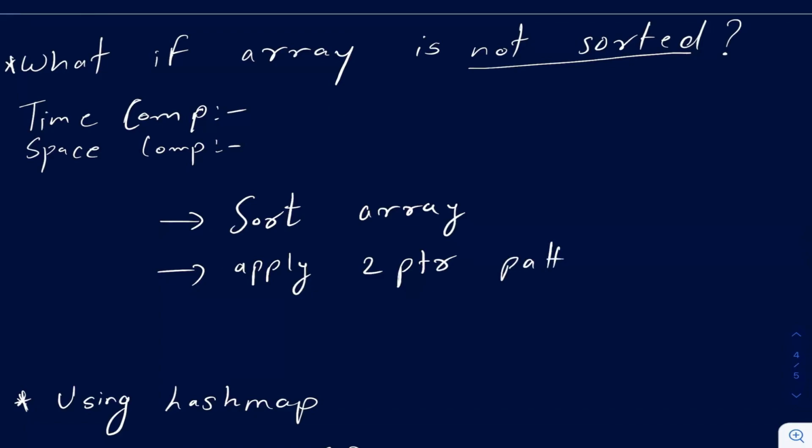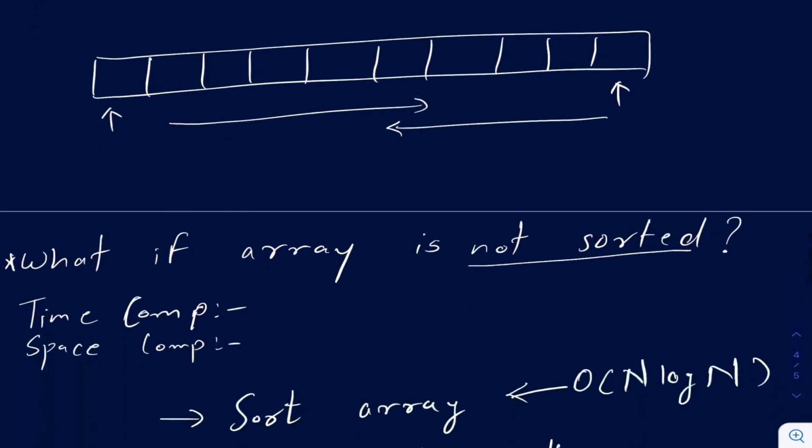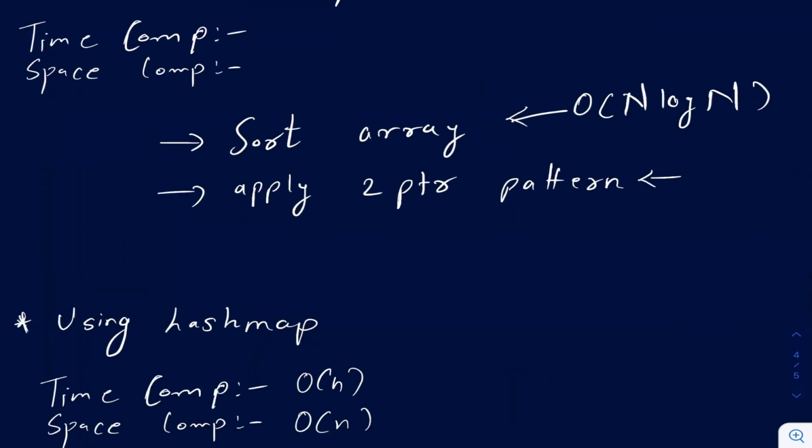Good algorithms like merge sort and quick sort provide, in the worst case, a time complexity of O of n log n for sorting an array. And then on top of this, for applying the two pointers pattern, as we saw, we have a time complexity of O of n. So for this we would have O of n log n time complexity.